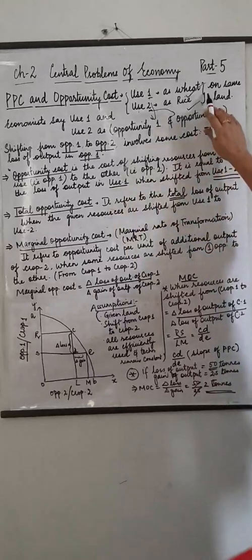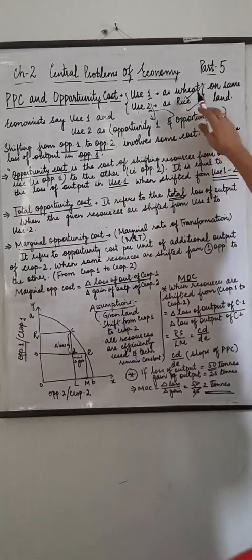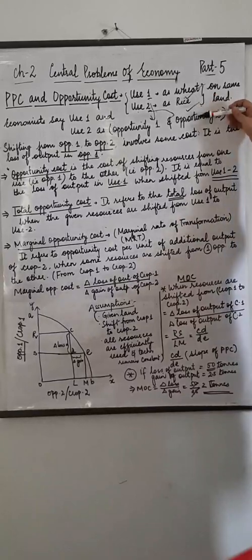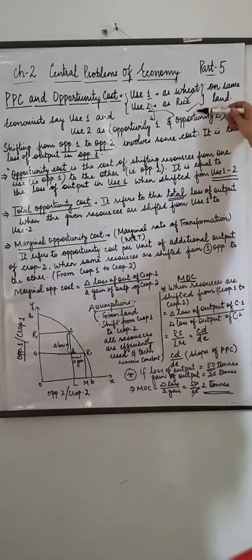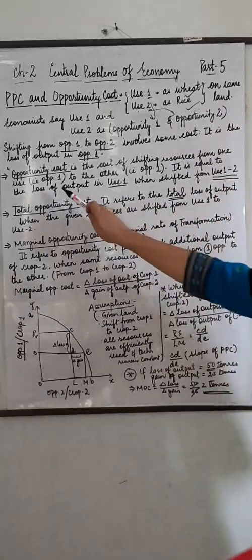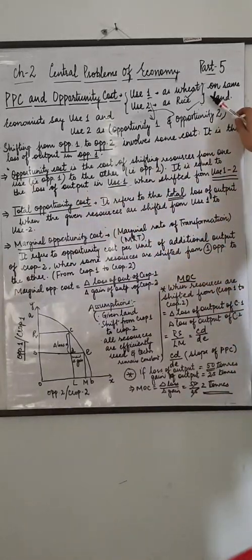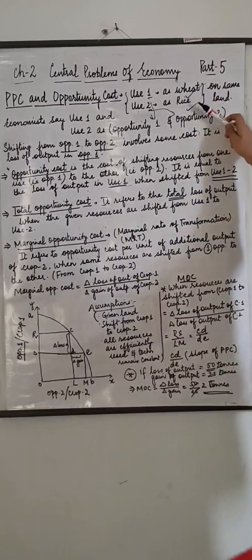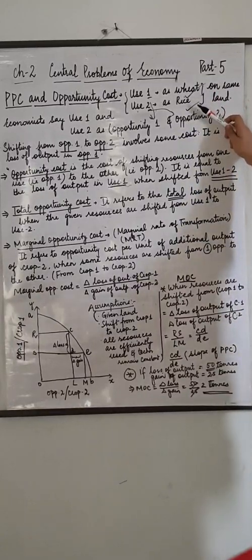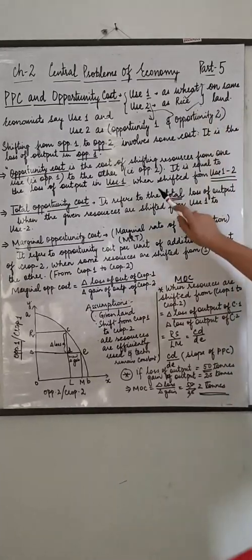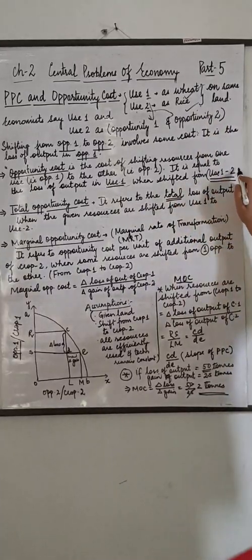That is, if I have taken wheat and rice, then the cost of shifting resources from wheat to rice. Understood? It is equal to the loss of output in use 1. When I move on to use 2, then some of the output would be lost. So that loss is known as opportunity cost when shifted from use 1 to use 2.